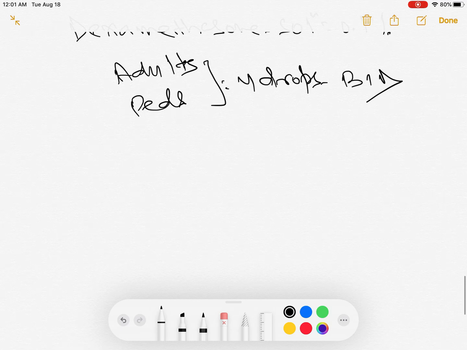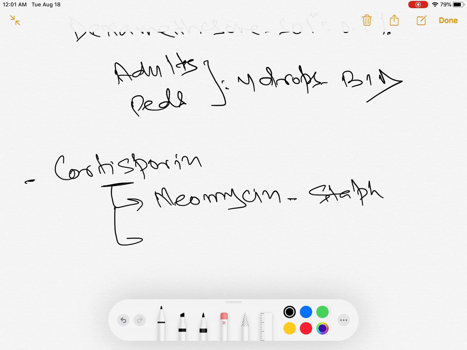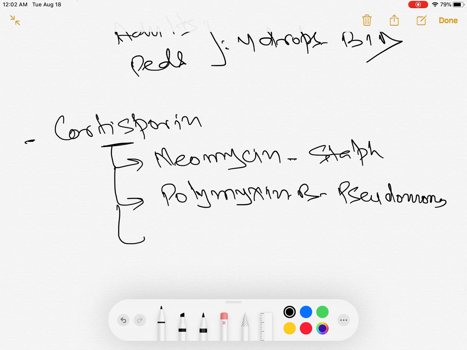Well, the other option is something called Cortisporin otic. This is your combination drug that has 2 different antibiotics and a steroid. The antibiotic in this one is neomycin, that is your aminoglycoside that covers your staph, and then you have polymyxin B. This covers your pseudomonas, and then you have a hydrocortisone steroid.